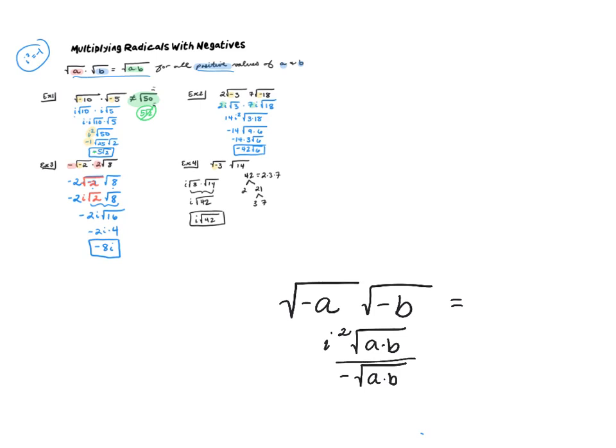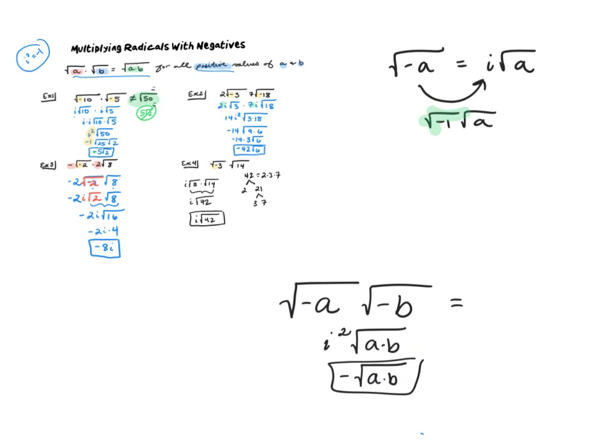I would just go through the process, but it ends up being that. All because of what we talked about the other day, that this is the same thing as I root A. Remember, to get there, it's all because it's the square root of negative 1 times the square root of A. And the square root of negative 1 is I. Right? This is I. Alrighty.